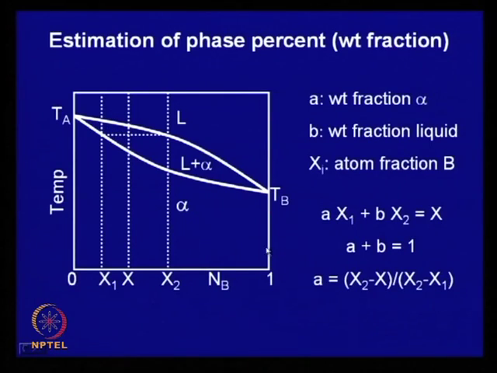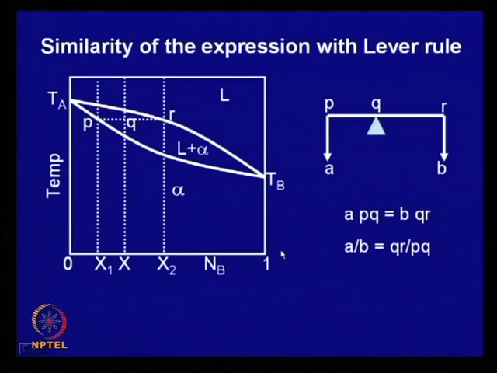In fact, this is very similar to what you call in the case of a lever. Basically imagine this is the tie line, you can say that this Q point is the fulcrum, you have a lever, and this weight fraction A represents the weight fraction alpha over here, and these points we call P, Q, R. Q is the fulcrum, P is where this weight is applied, similarly R, and at this place B is the weight of the liquid, and you balance both, take the moment.